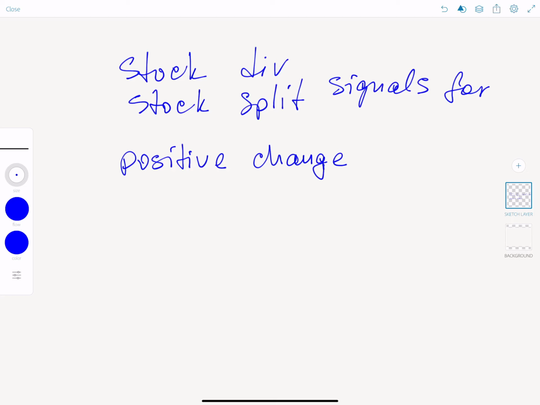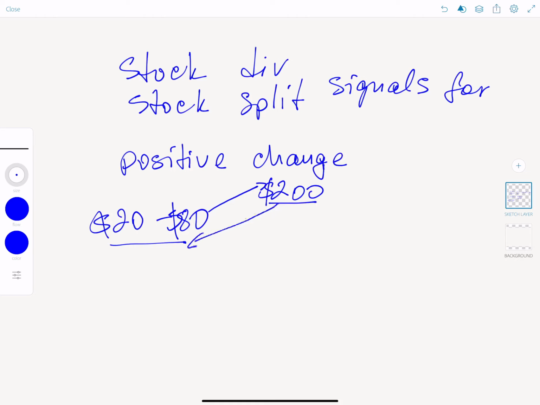Because with stock splits and stock dividends, the price range of 20 to 80 should be maintained. Stock splits and stock dividends are done when the price goes beyond that, for example, when the price of the stock becomes $200. Then to decrease that price, companies make stock dividends and stock splits.